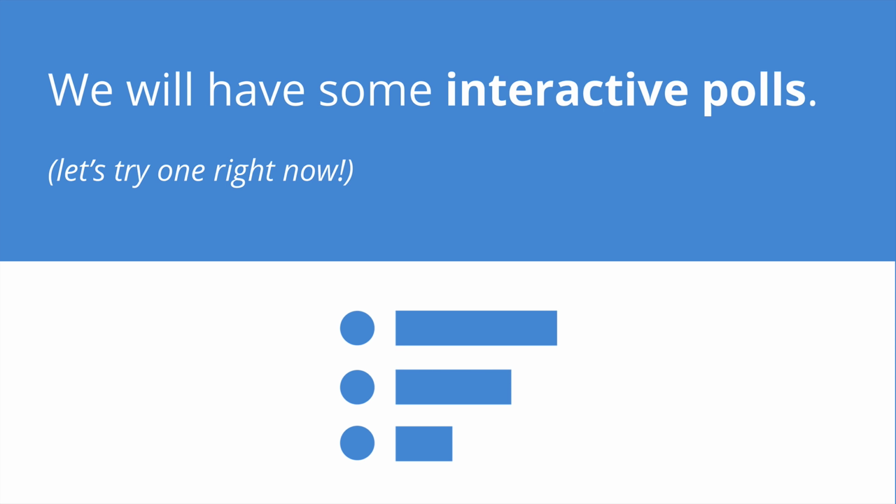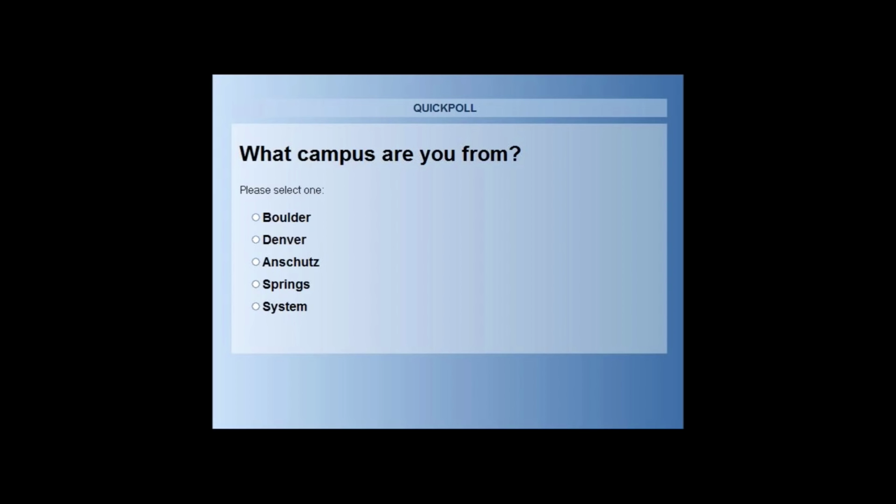I'm going to launch the poll here. And the question is, what campus are you from? And I see the votes skyrocketing. I'll share the results in a second after everyone has a chance. All right, it looks like we've topped out. About 92% have voted, so I'm going to close this poll.